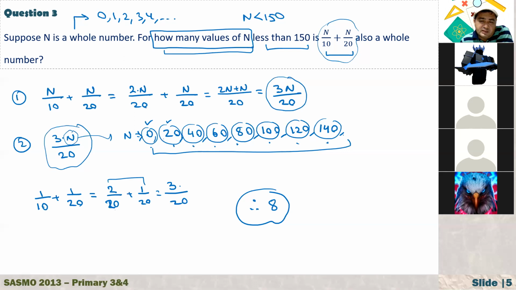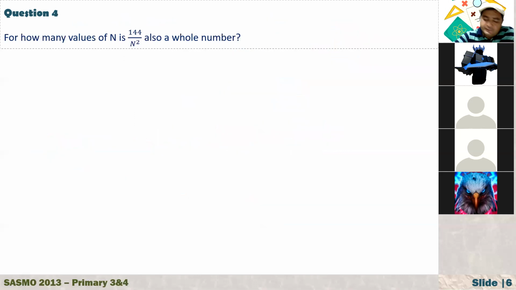Guys, if you understood this, the next question is also very similar, a little bit different, and let's see how much you understood. Next question. You have 3 minutes. Very similar question, but a little bit different.